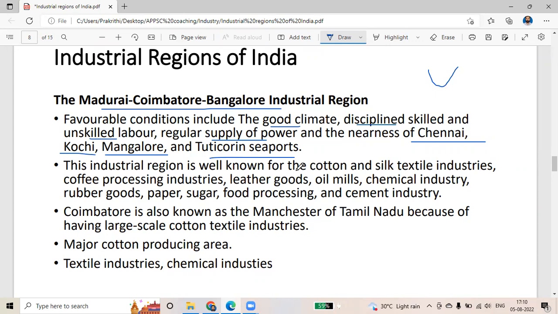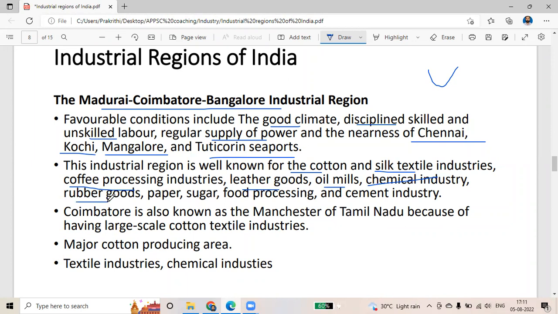यहाँ पे this region is well known for cotton and silk textile. Kanjivaram is at this region. Other than this, we have coffee processing industries. Karnataka is one of the largest coffee producers in India. Then leather goods, oil mills, chemical industries, rubber goods.